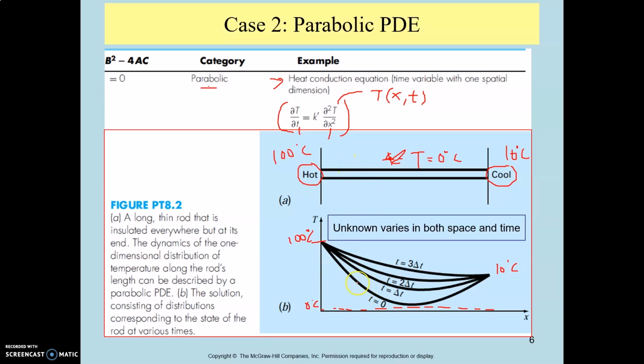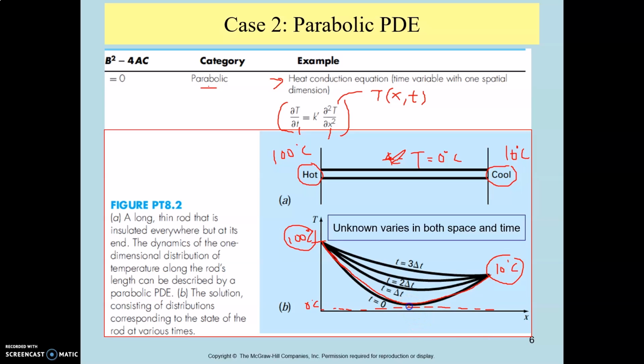So at time equal to 0, at the moment you heat it, you should expect the temperature here to be 100 degrees Celsius, the temperature that you supply as heat, and the cooling load, 10 degrees Celsius, that you supply here. So at time equal to 0, you should expect this to happen.